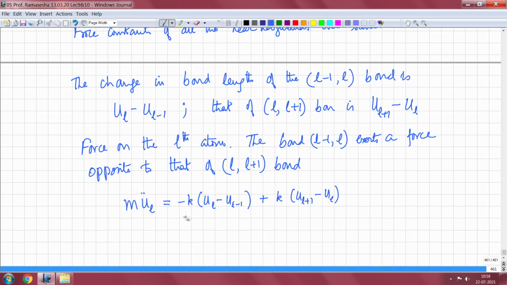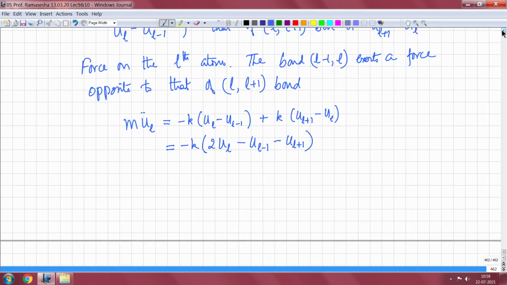So, this force is in one direction, this force is in the other direction, both of them acting on the Lth site. So, I can actually write this more compactly. I can write it as minus K times 2 UL minus UL minus 1 minus UL plus 1.